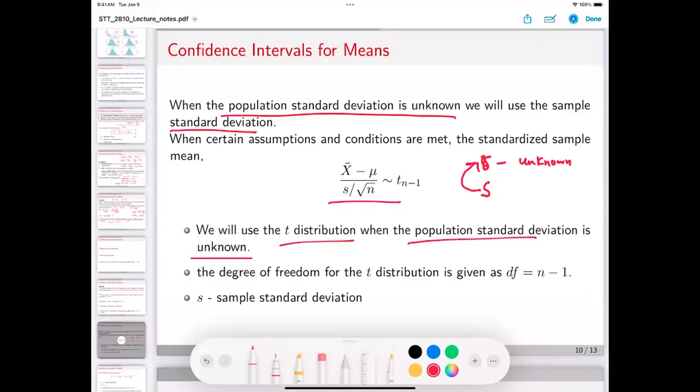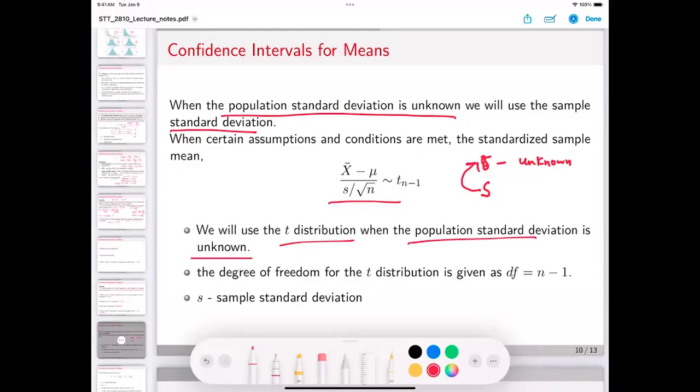If yes, focus on the Z. If no, focus on the T distribution, assuming all the other conditions are met. In your exam, you have to decide what distribution you are going to use, and the key is to ask whether the population standard deviation is given or not, holding all other conditions being met.